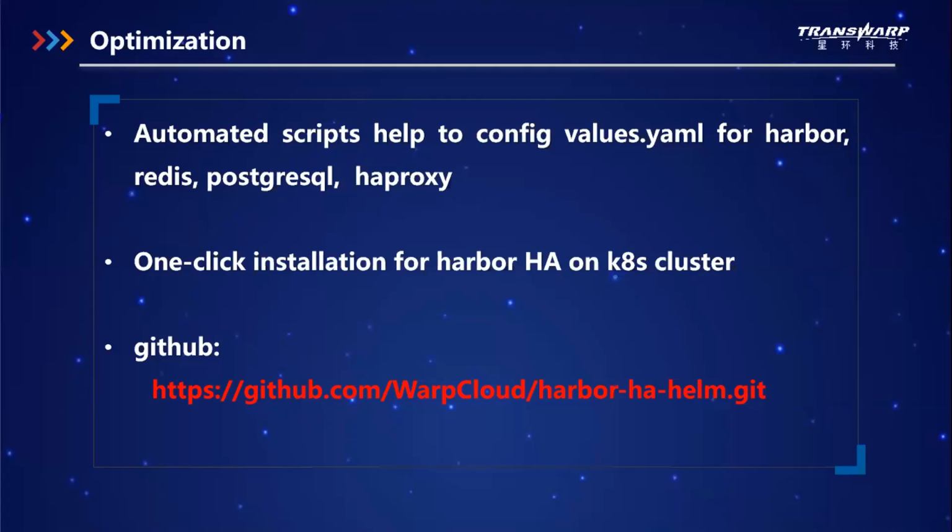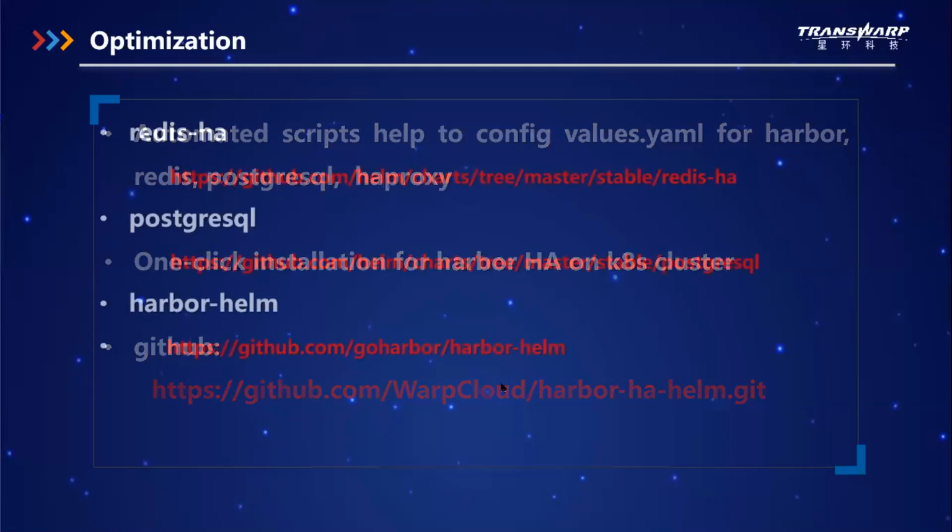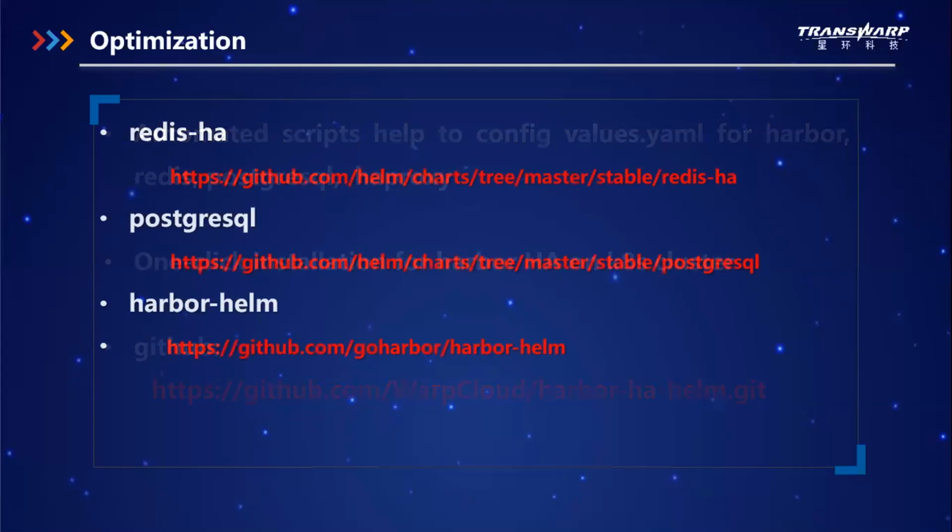Later, installation for the Harbor database is trusted. This project's address you will see on the screen. The Redis HA chart, Postgres chart, and Harbor Helm chart we used are open source, and the GitHub address is all here.